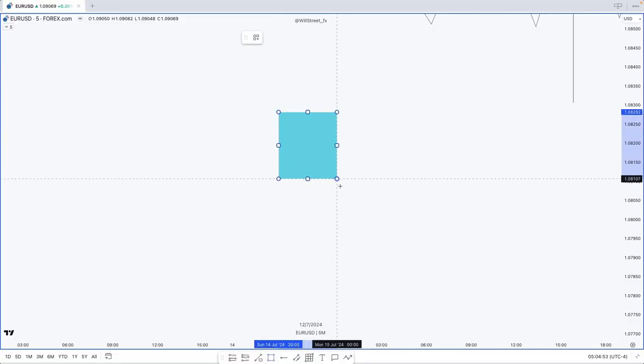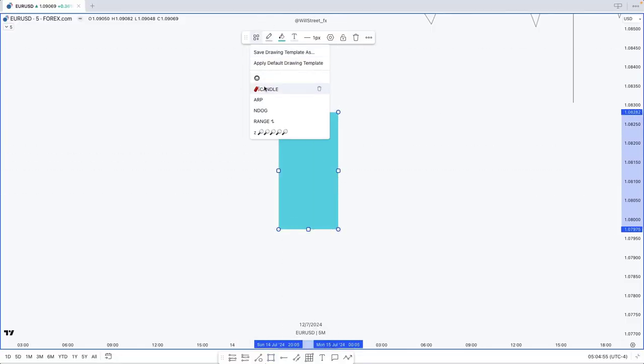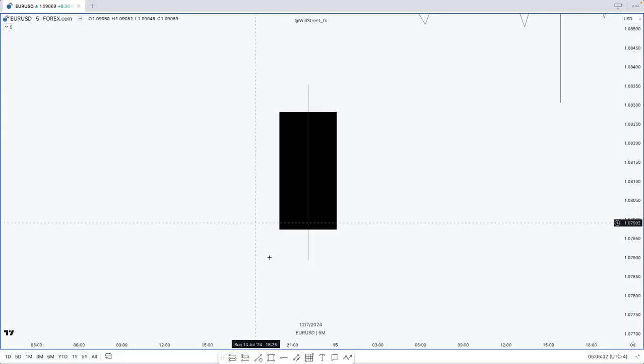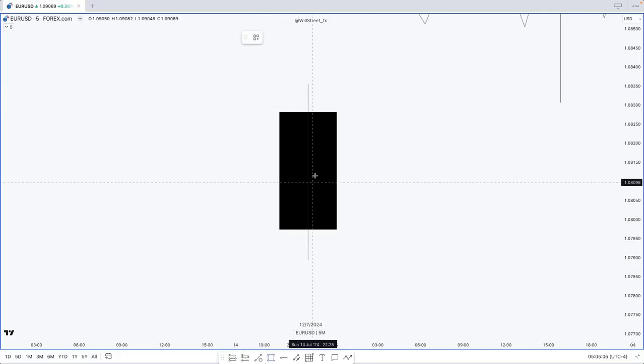the algorithm is coded to do what? This happens in every time frame because everything is fractal. So this could be a 1 minute candle, 1 hour candle, 1 day candle, 1 weekly candle, okay?